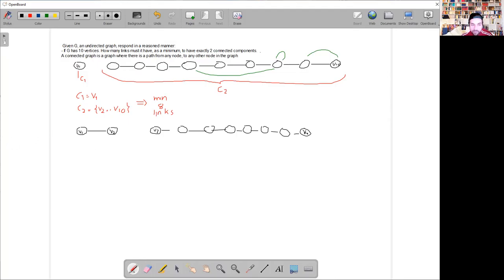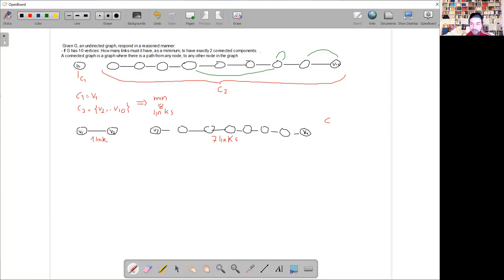So here I have one link here, sorry, and 7 links on the other connected component.